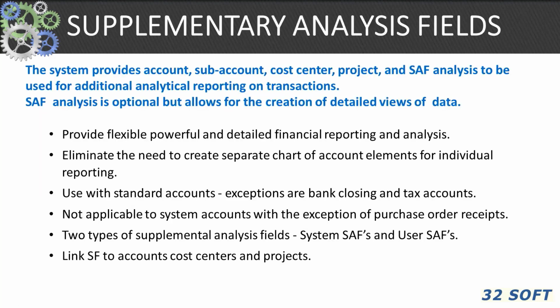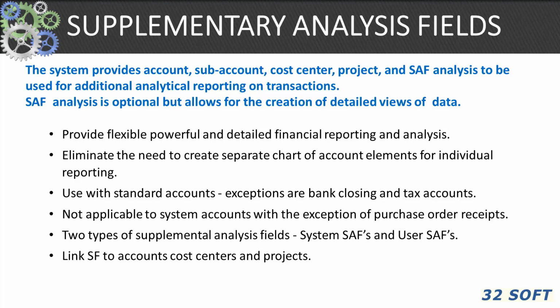In the assignment of QAD chart of accounts, the system provides for accounts, sub-accounts, cost centers, projects, and supplemental analysis fields, which can be used for additional analytic reporting on transactions. SAF codes are optional, but they allow for the creation of multiple detailed views of accounting data. SAF codes provide flexible financial reporting in that they eliminate the need to create separate charts of accounts.